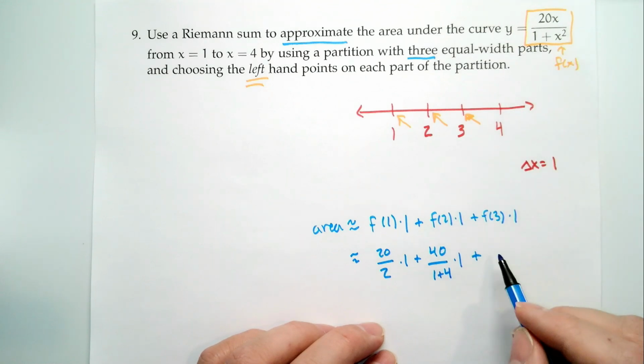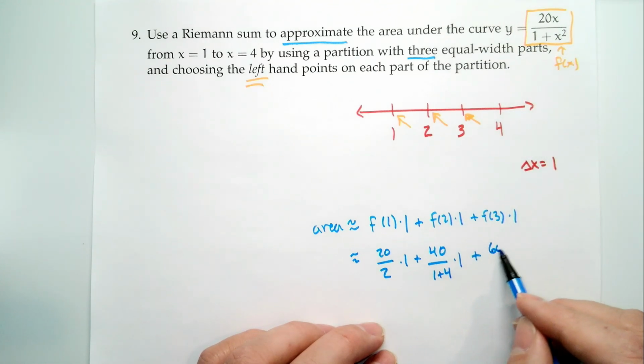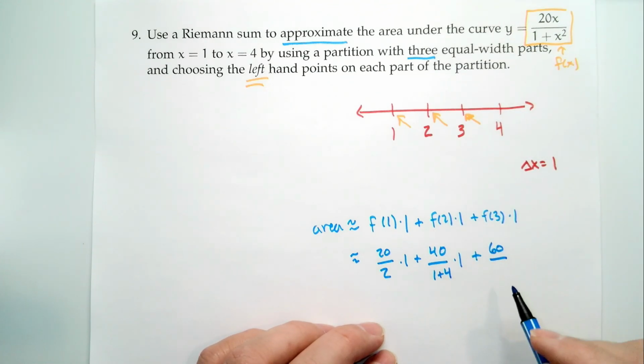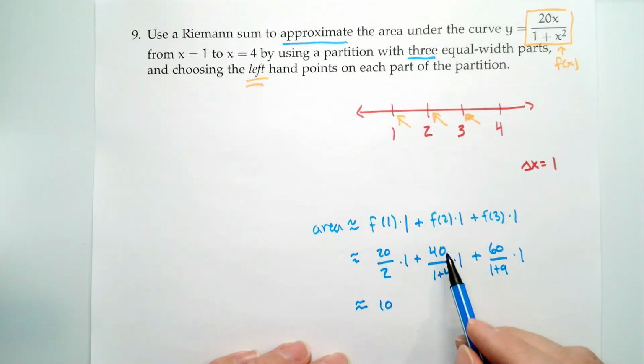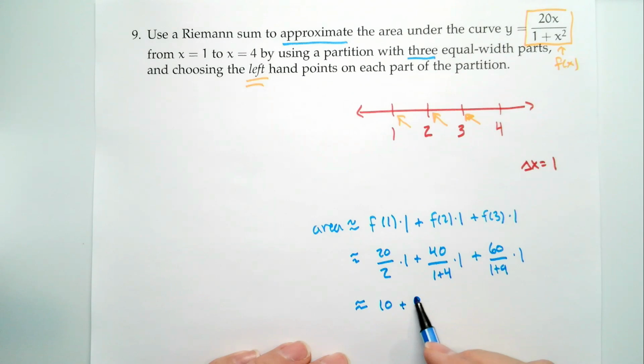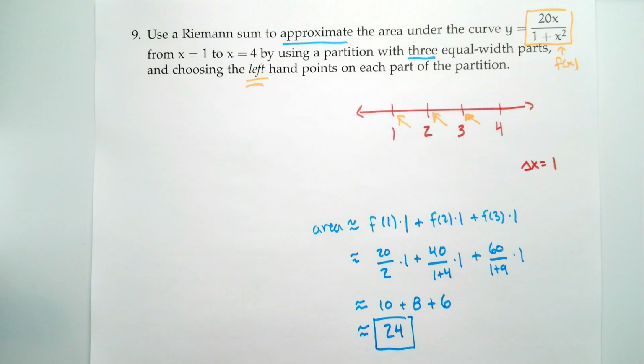Function at 3, well, that would be 20 times 3 upstairs is 60. Downstairs we get 1 plus 3 squared. That's 1 plus 9. We'll clean that up in a second. So 20 over 2, all right, that's 10. 40 over 5, well, that's 8. 60 over 10 is 6. And 10 plus 8 plus 6 gives us 24. And there you go. That's the answer.